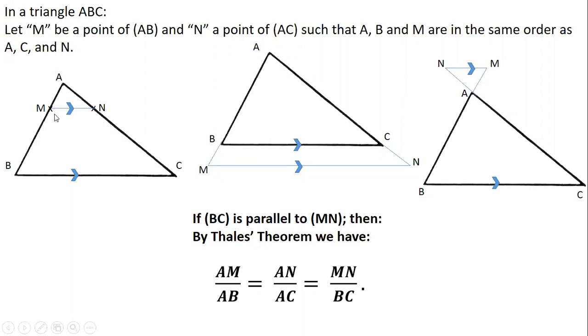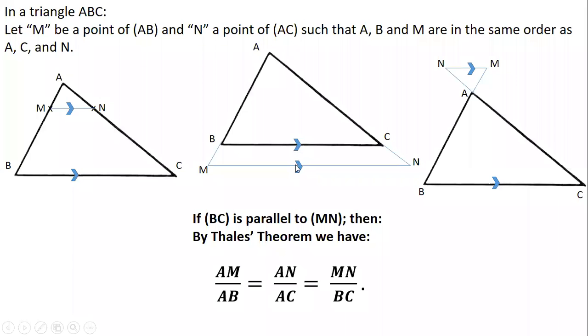Whatever the position of M and N is in the 3 positions, what do you see in the 3 figures? Do you see that the line MN is parallel to BC or not? Yeah, they're all parallel to BC. So in the 3 positions, we will get that the 2 lines MN and BC are parallel.